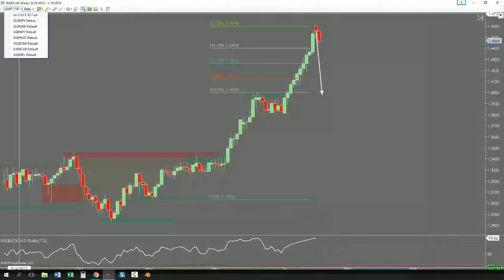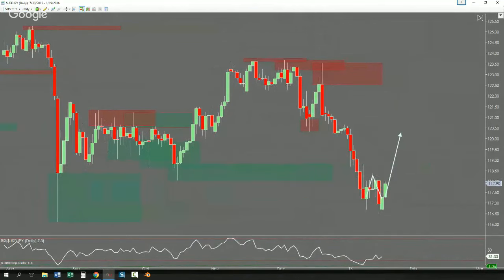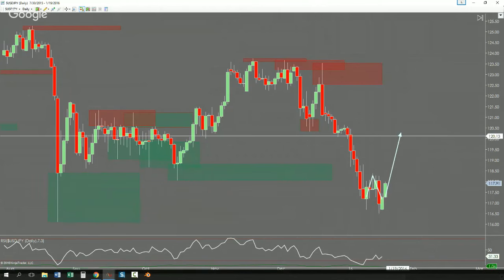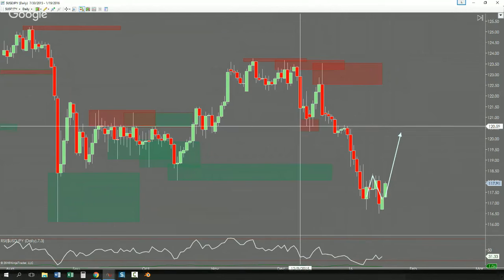Okay, let's go to dollar yen. All right, dollar yen. We have that double bottom that we identified last week, and what we talked about is that we're anticipating price to come back to this previous support level that could possibly act as a resistance level.